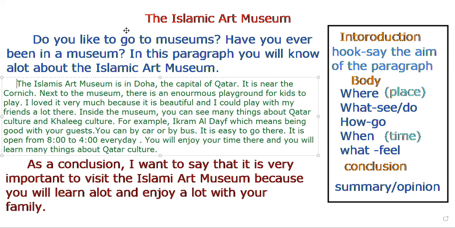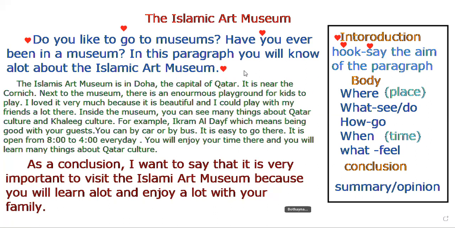So this is a good piece of writing. Here we put our plan to write the body. We started by the introduction. We have the hook, these 2 questions. And then we said what is the aim of this paragraph: in this paragraph, you will know a lot about the Islamic Art Museum.